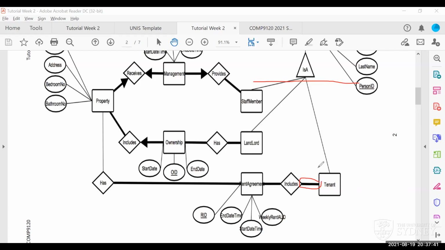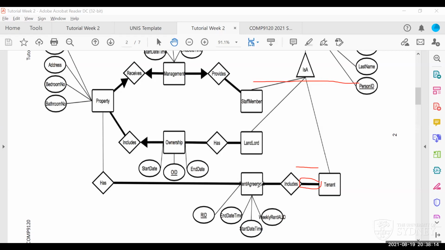What I'm trying to say is, if you use a thin line, that means a tenant is included in zero agreements, and that probably doesn't make sense, because as soon as you are a tenant, you must be included in a rental agreement. For you to be a tenant, you have to be included in an agreement. So that means you have to use at least one.